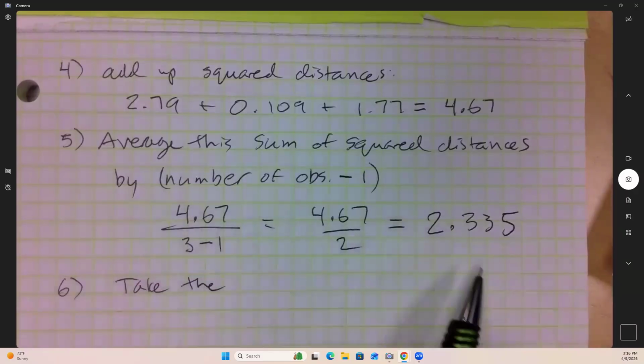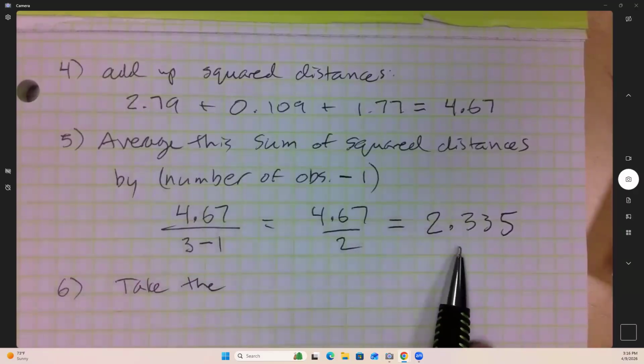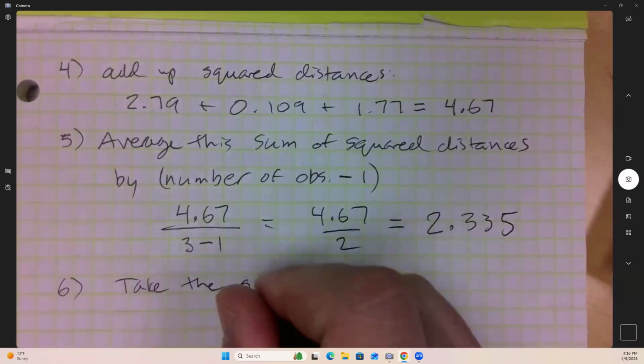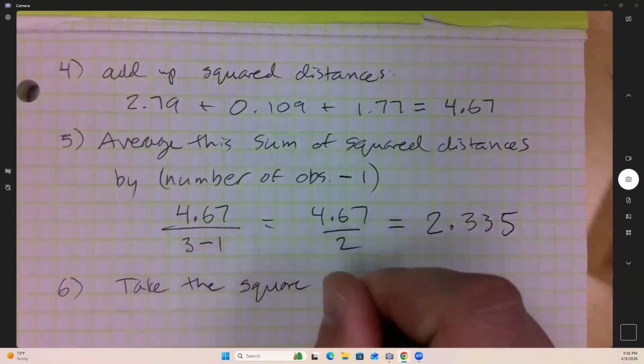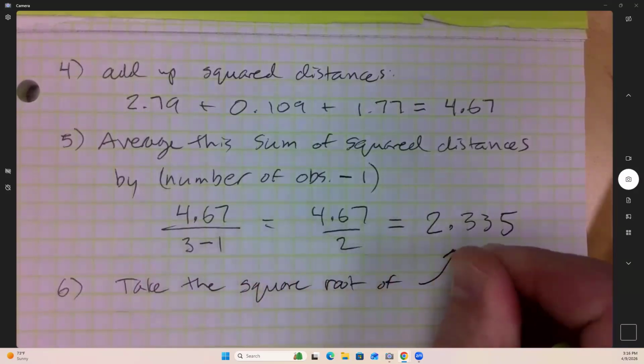We have this 2.335, but that came from squaring distances. So we want to undo that squaring. And we can undo that squaring just by taking the square root. So we'll take the square root of that number.